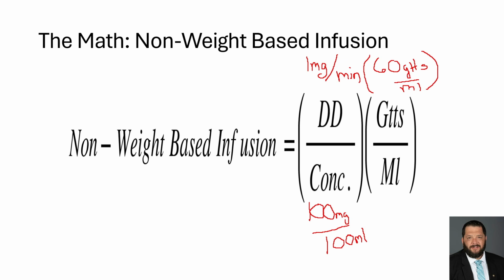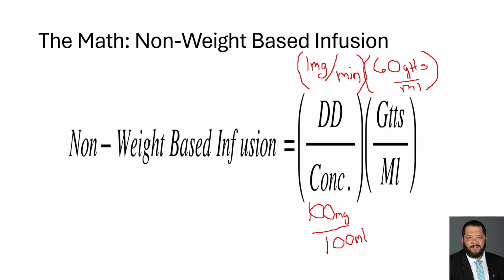We can disregard weight because there's no weight requirement for this calculation. Our desired dose is 1 milligram per minute of this imaginary 100 milligram and 100 milliliter solution. And we're going to use a 60 drop per milliliter set for administering this medication.